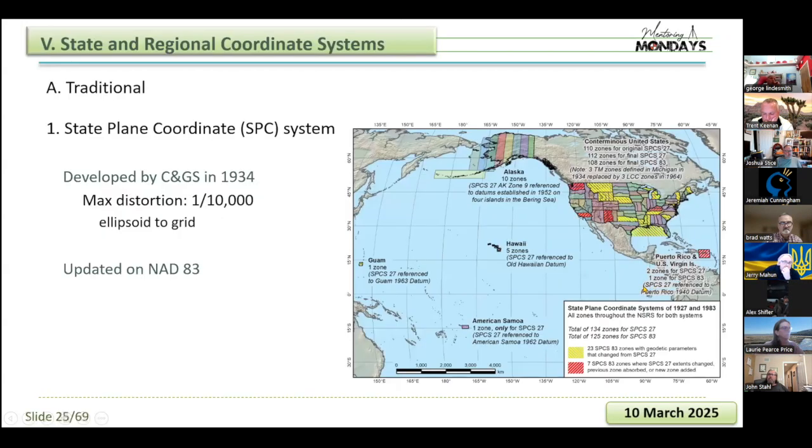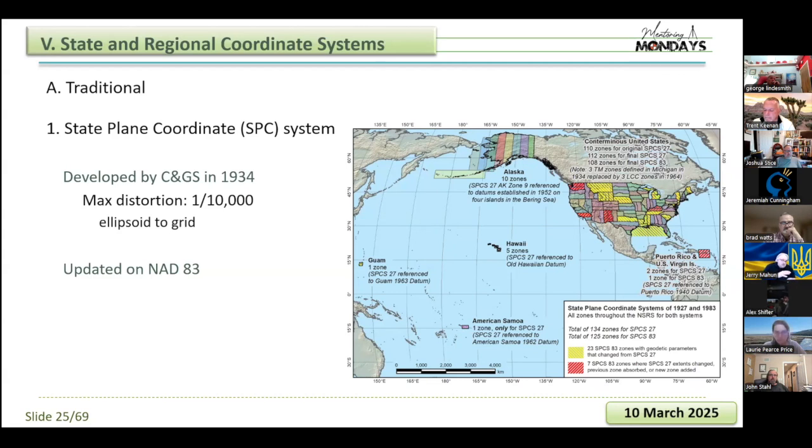So let's look at some of the formal systems that we have. Probably the most familiar to everyone is the State Plane Coordinate System. The NGS developed them initially for, I can't remember, North or South Carolina back in 1934, and then built coordinate systems for all the states. Most states run multiple systems divided up into zones because the distortion criteria was a maximum of 1 in 10,000 between the ellipsoid and the grid system.